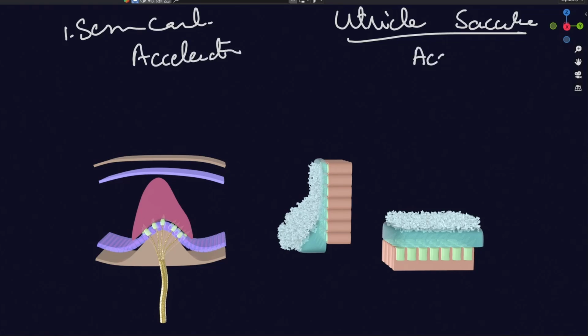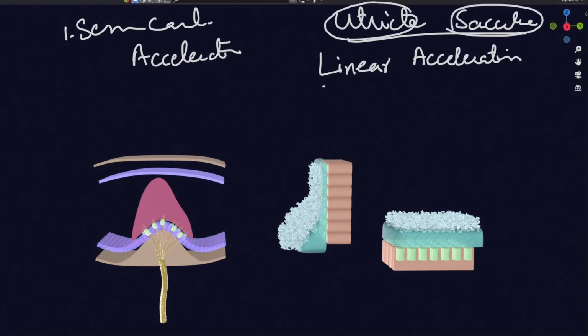Utricle and saccule sense linear acceleration, utricle along the horizontal axis and saccule along the vertical axis. But the semicircular canals sense the angular acceleration, the rotational acceleration.